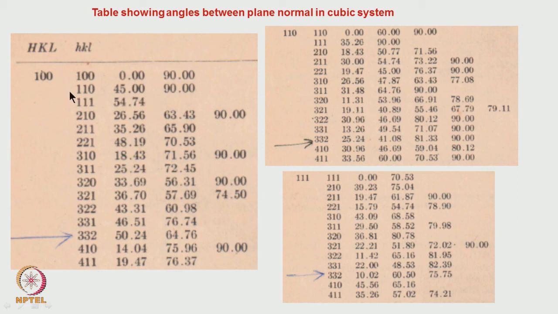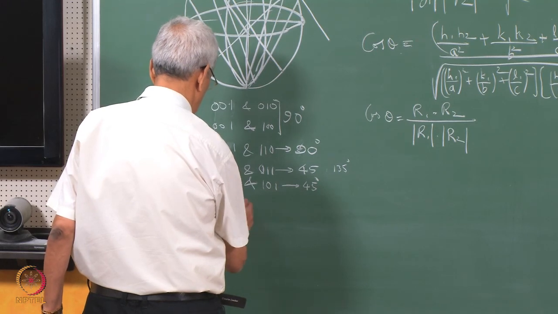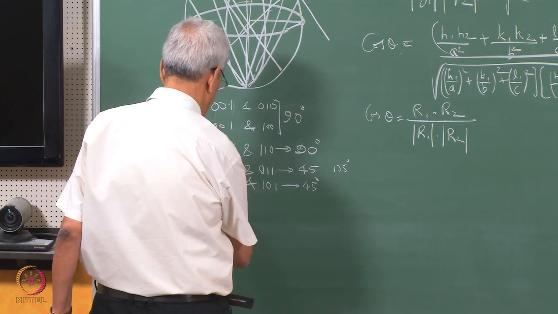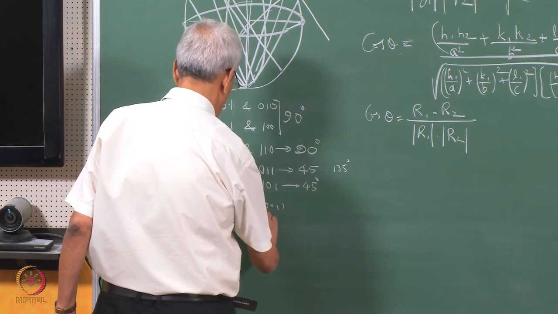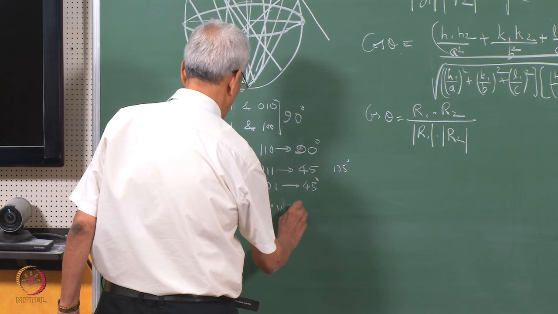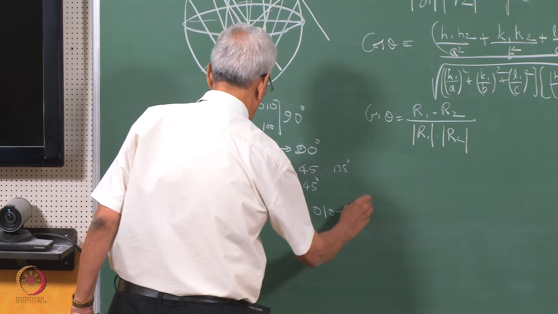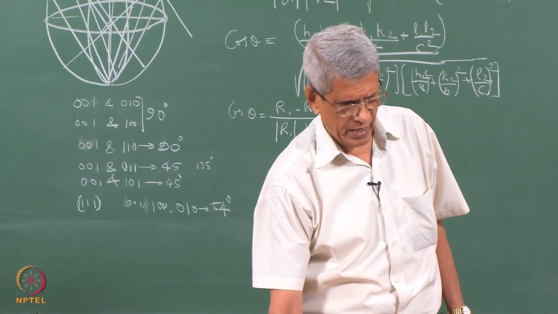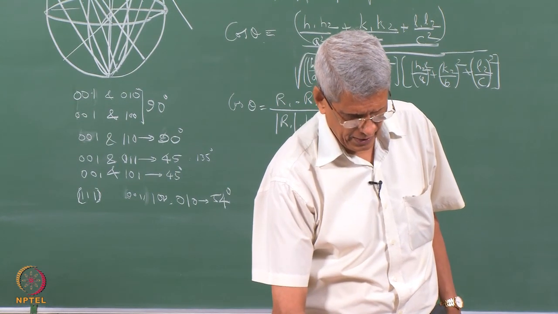Because with respect to the 1 1 1 direction, if you take it, with respect to 0 0 1, then 1 0 0 or 0 1 0 makes an angle of 54 degrees. Using this information, we can construct the stereogram for 0 0 1. That is what we will study now.